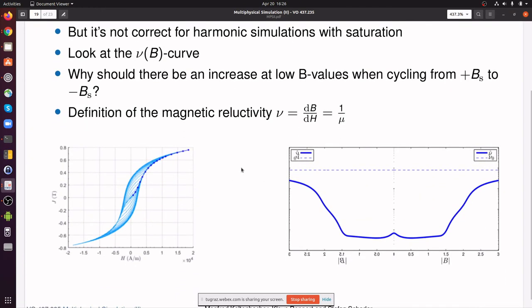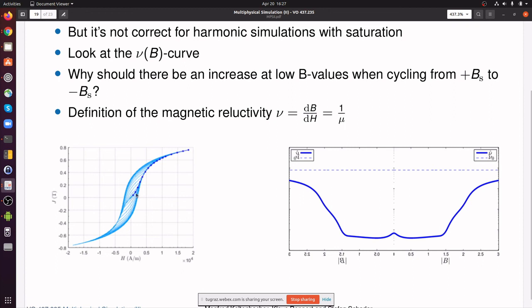So in hysteresis measurements, if we're measuring hysteresis curves with an increasing excitation amplitude, you're measuring larger and larger hysteresis loops. And if you connect the, I don't know the English word, the Umkehrpunkte of these minor loops and connect these points, then you get the commutation curve. And this commutation curve has this kink at low field strengths.